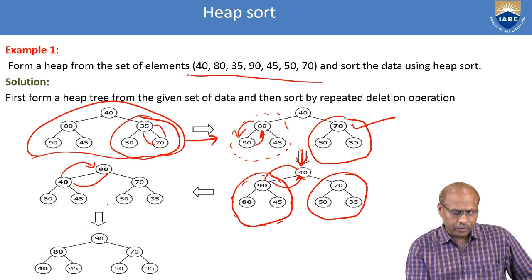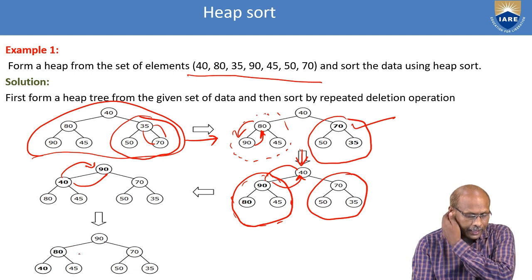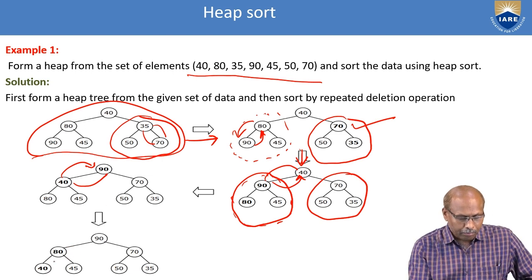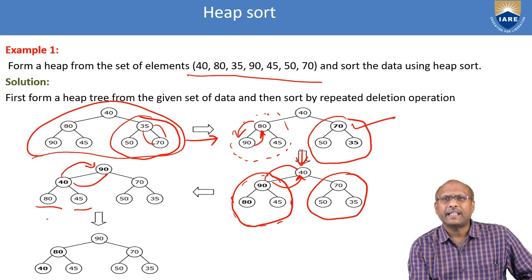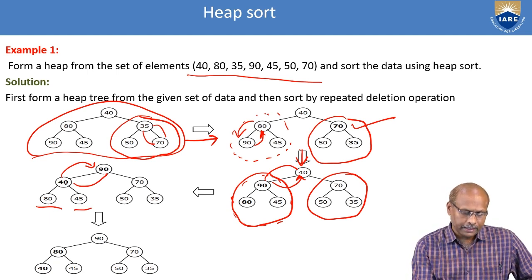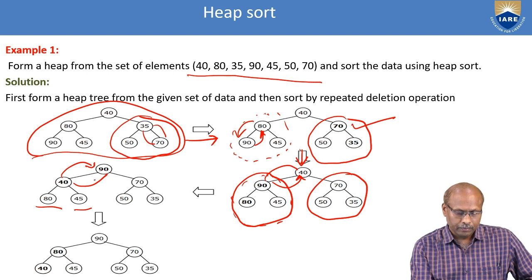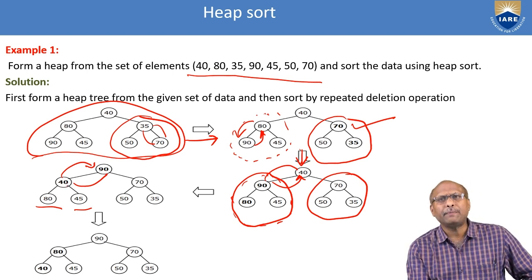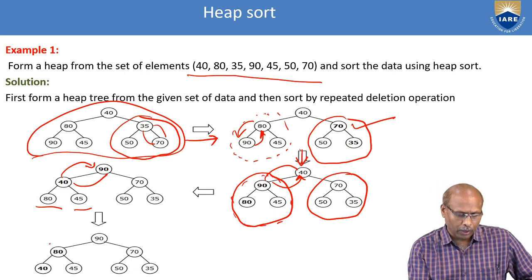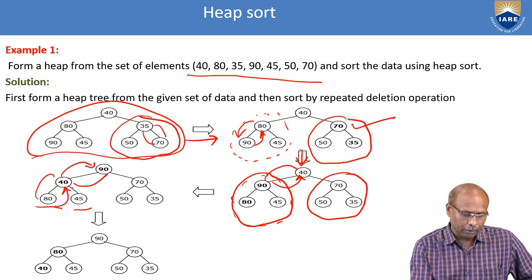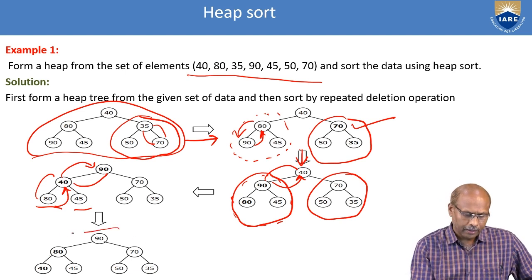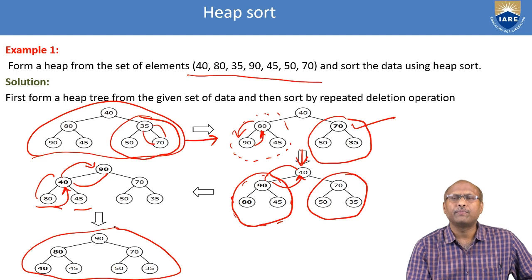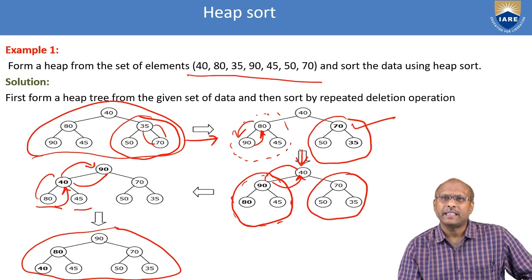After coming down, again I have to check. Here 80 will be the bigger one. Then if you compare both the children, my left child is 80, right child is 45, because 90 has gone up, 40 has come down. When it has come down, my 40 is parent now. Now in max heap, 40 cannot be parent. So I have to swap these two. After swapping, I got 80. So this is the final, my max heap. So this is the way the max heap is created.